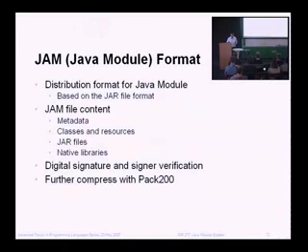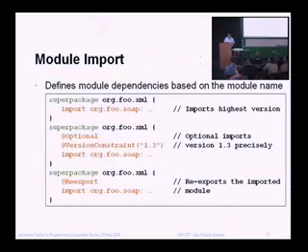I have a question. On the previous slide, re-export. Why is that an annotation? Does it have no semantic effect? At this point, yes. Currently, it does not have semantic meaning. But this is something that we're still working on with the expert group to find out.